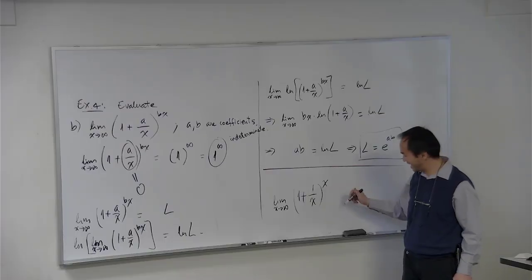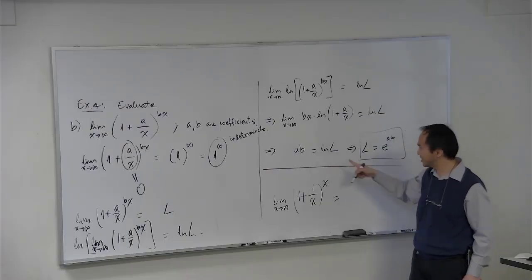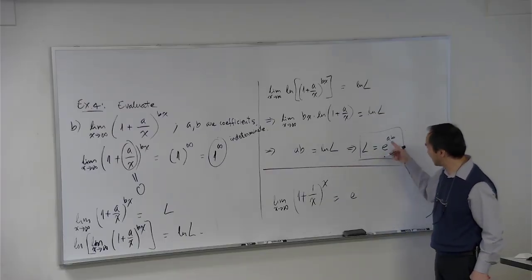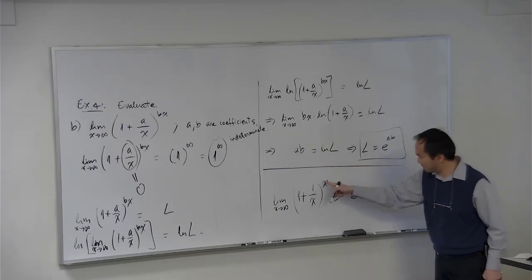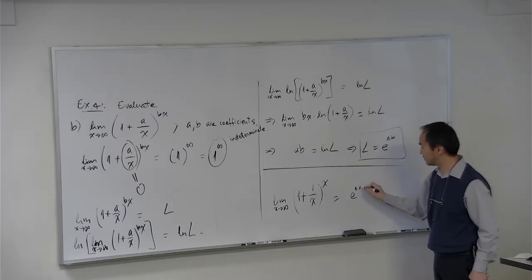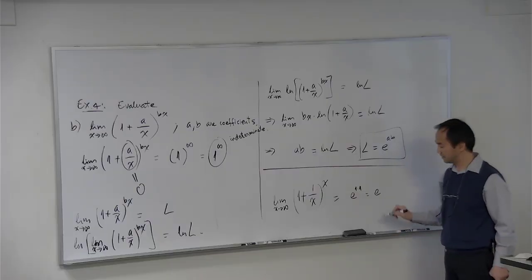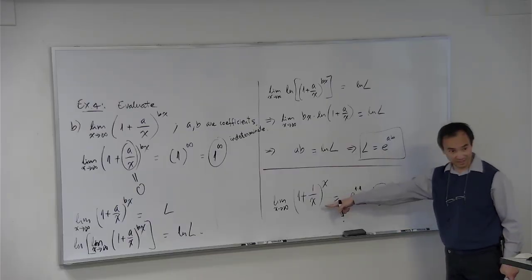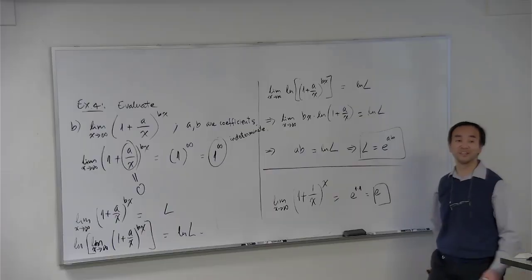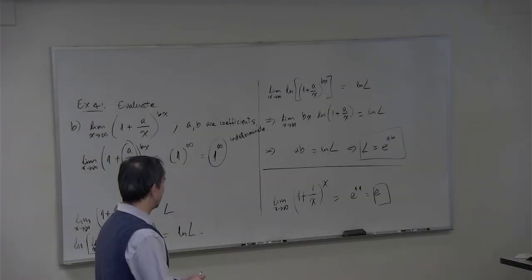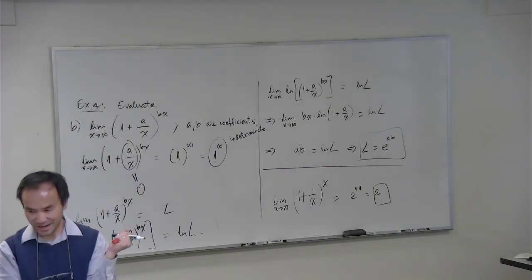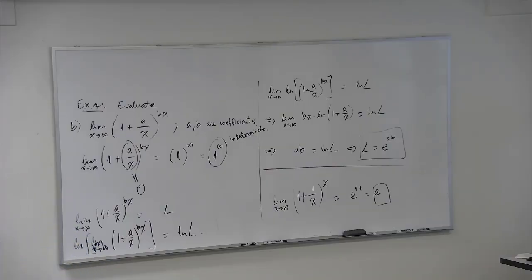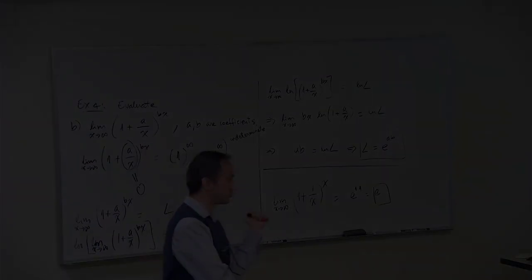According to the work we have just derived, the answer is e to the ab. A is 1, b is 1, so it's just e to the first power, just e. So the limit is simply e. All right, and that covers the limit problems with indeterminate forms like that, and how L'Hopital's rule can apply.